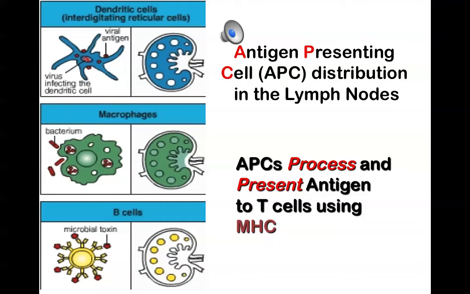We have macrophages that are responsible for phagocytizing bacteria. And we've already mentioned neutrophils as the primary phagocyte found in the human body. But macrophages are also phagocytes, but they have a special function. Unlike neutrophils that really aren't capable of communicating or transferring information to the specific arm of immunity, the macrophages are able to do this.